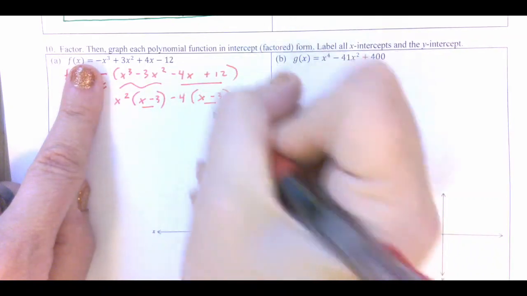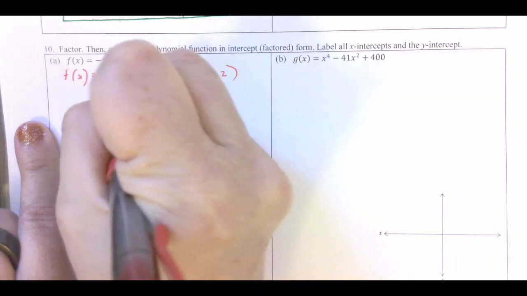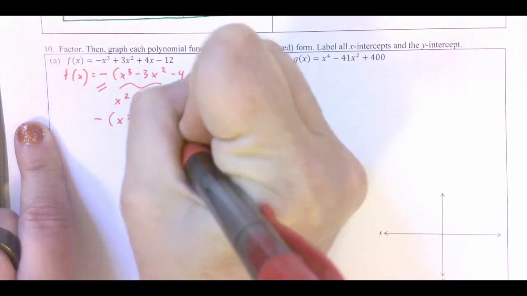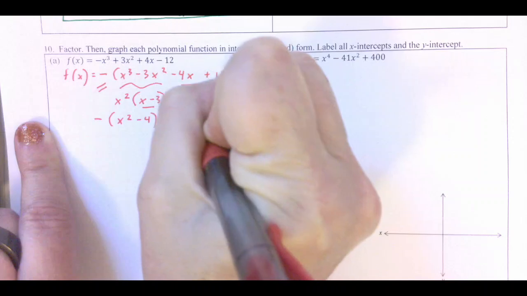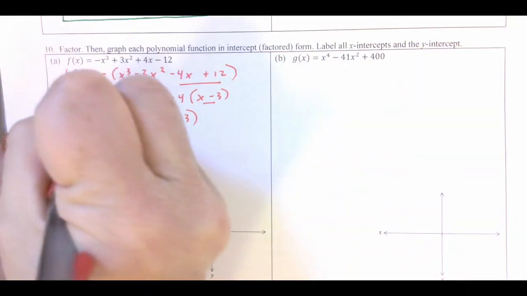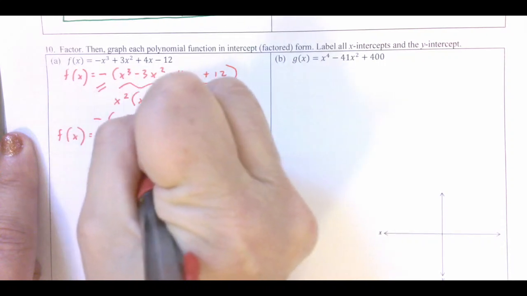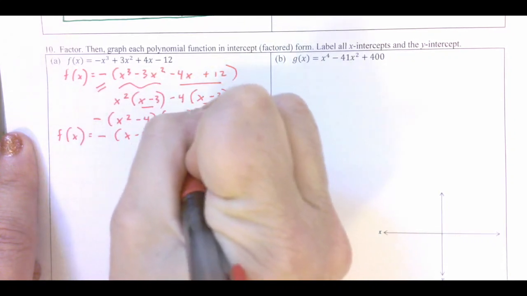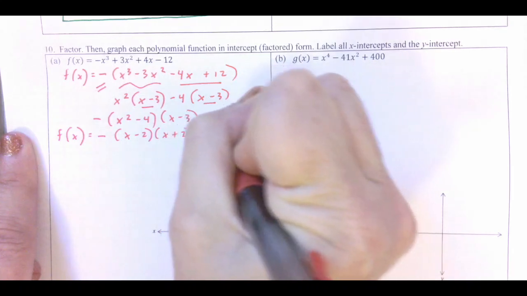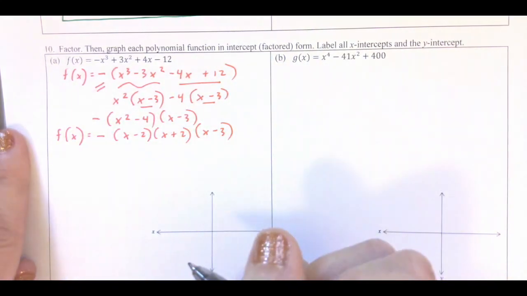These match as they have to. So now what I have is that negative 1 times x squared minus 4 times x minus 3. Okay, one more step to make it fully factored. Negative 1 times x minus 2 times x plus 2 times x minus 3.